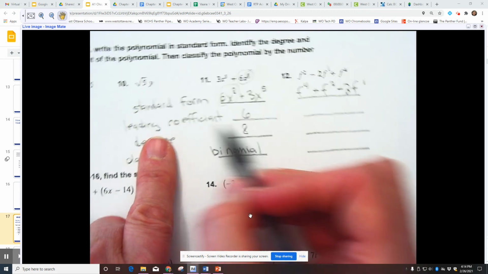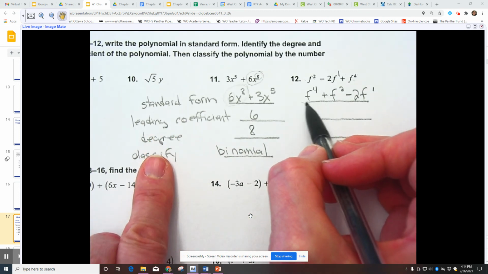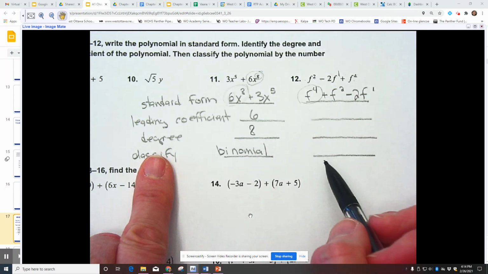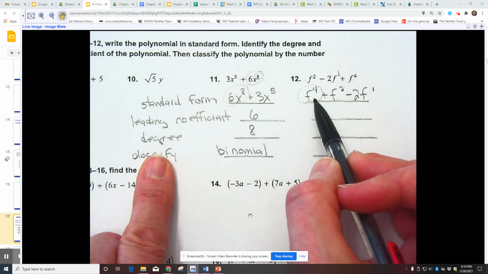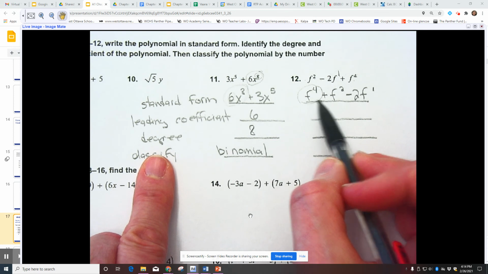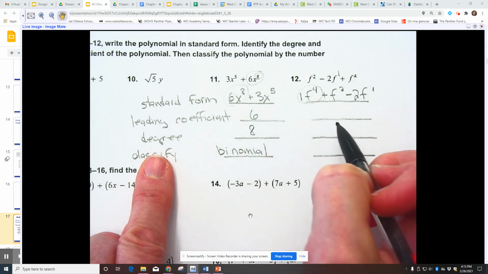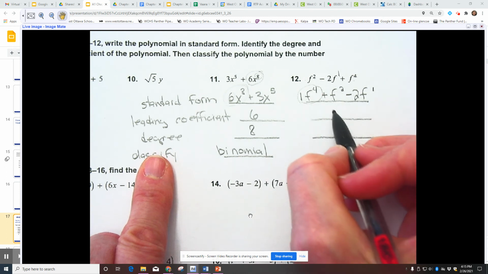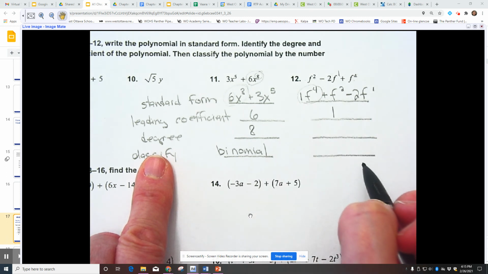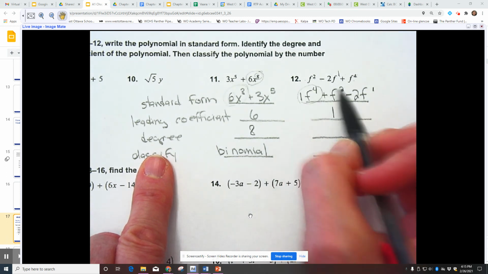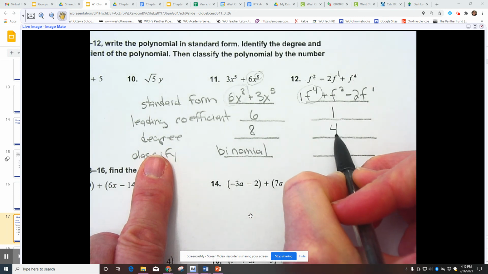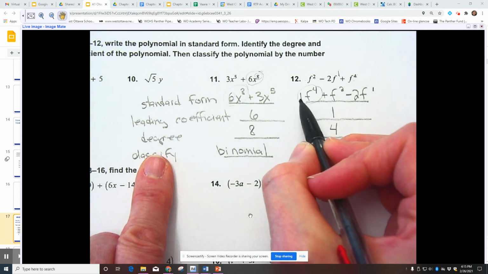Okay, now again, leading coefficient and degree are going to come from that first term once I've put it in standard form. So the leading coefficient, well, if you don't see one, it's 1. It's that invisible 1. So the leading coefficient on that one is 1. The degree is 4, always from that first term.